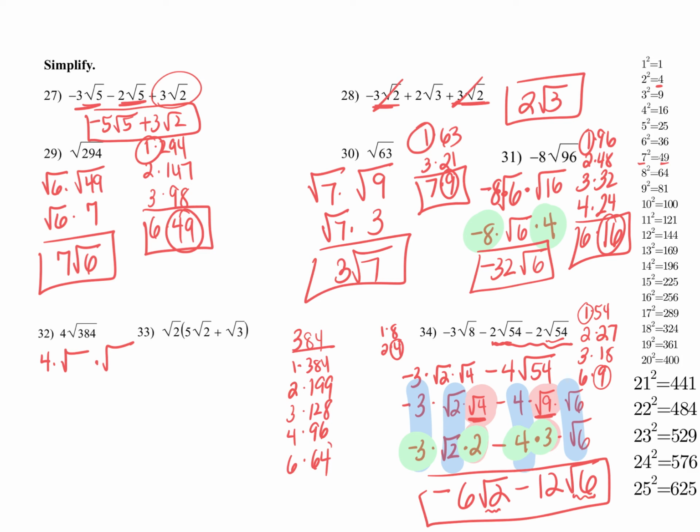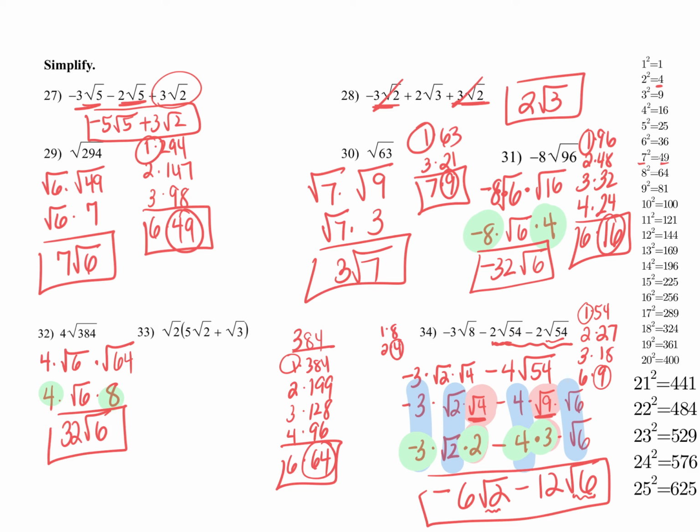That's the biggest perfect square. So I had 1 and I had 64, and 64 is the biggest. So this would be the square root of 6 times the square root of 64. Bring down your 4, bring down your square root of 6. The square root of 64 is 8. And then multiply these two. 8 times 4 is 32 times the square root of 6.